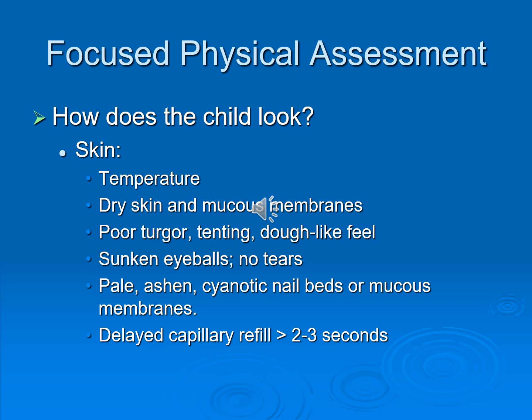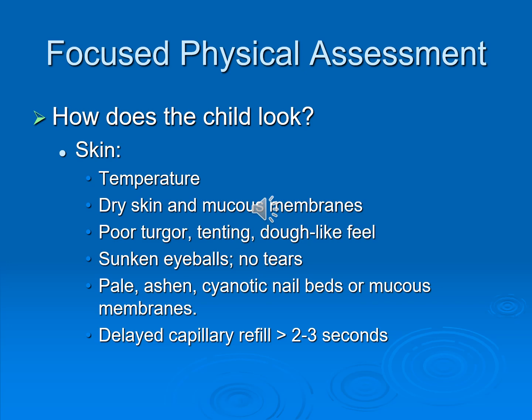When we're completing our focused physical assessment, we want to look at how does the child look? What does their skin look like? What's the temperature? Is the skin dry? What do the mucous membranes look like? Are they dry? Do they have poor skin turgor, tenting, dough-like feel, sunken eyeballs, no tears? Do they look pale, ashen?